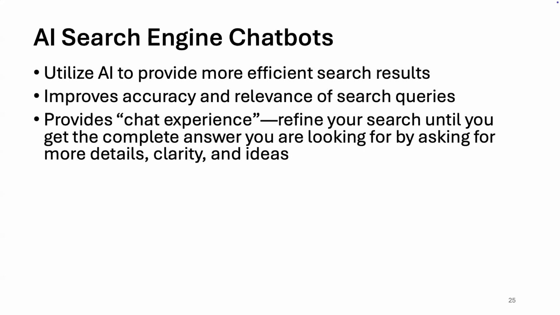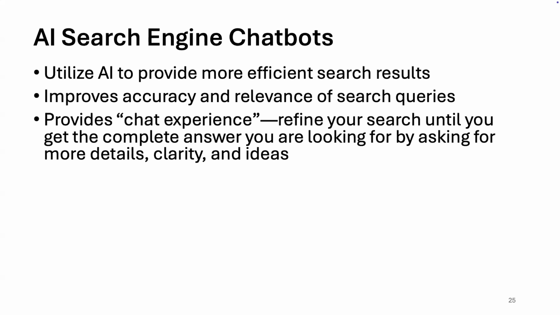The key here is this chat experience. So if I go to Gemini, for example, Gemini is Google's chatbot search engine. And I ask it, what's Scotland like in 1850. It will provide me with a dialogue of a description of that and say, is that what you want? And you can say, well, I was more thinking of rural Scotland or urban Scotland. And it will change its response.